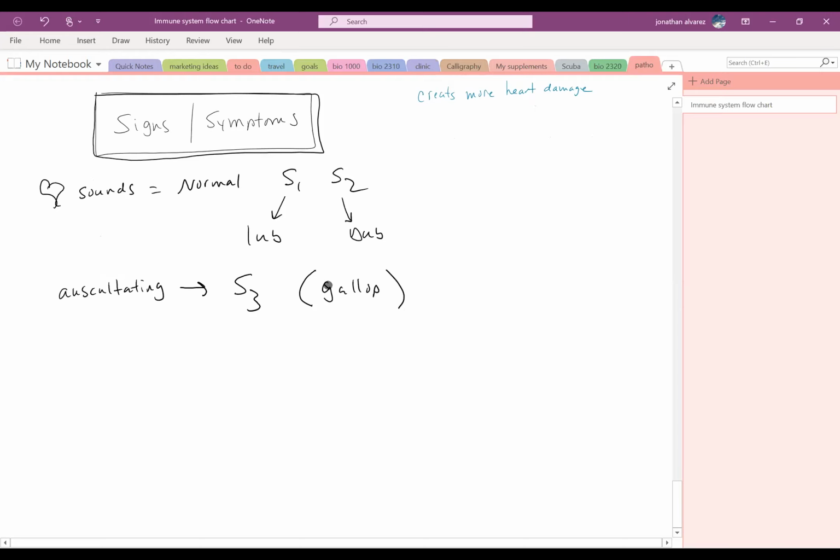It gets the word gallop because of the distinct sound the hooves make when a horse is galloping. It's definitely not an S1, S2, really pretty heart sound. There's an extra sound in there. Gallop usually happens due to an increase in left ventricular preload.